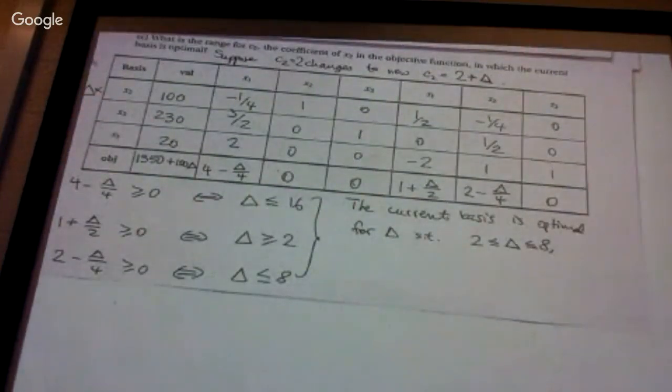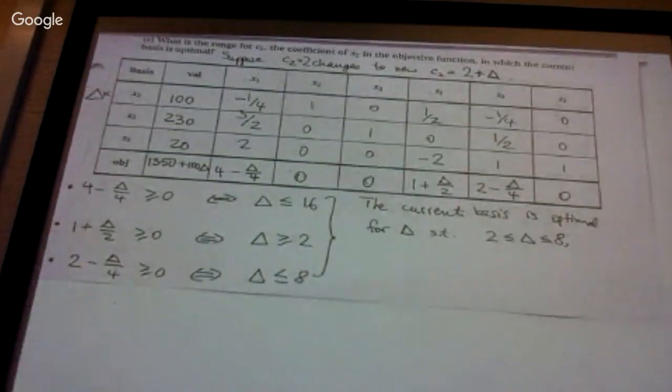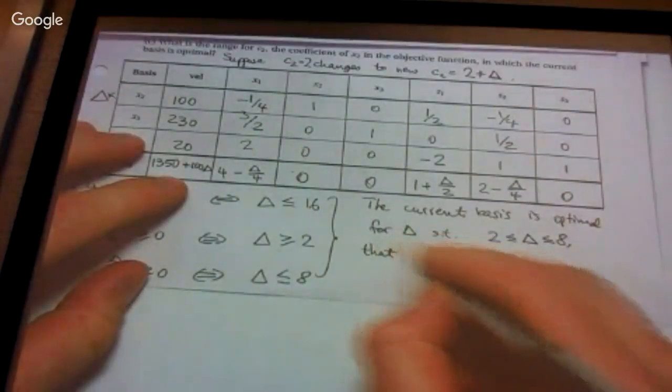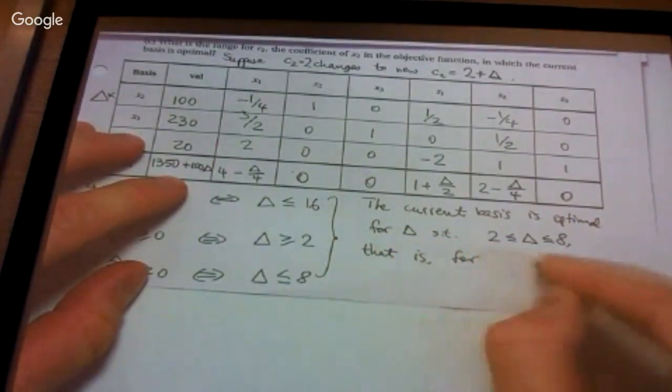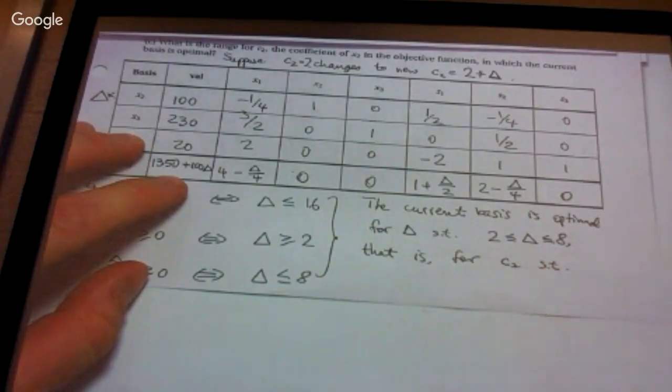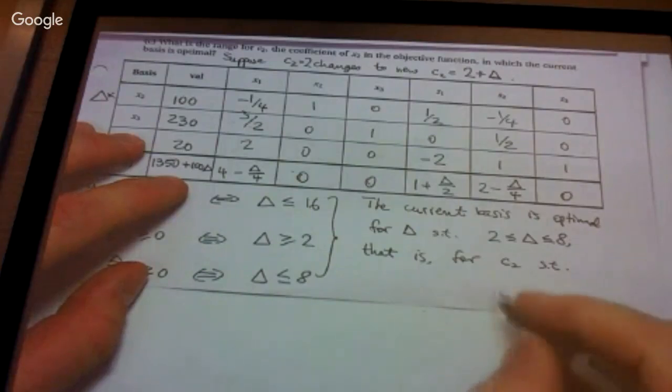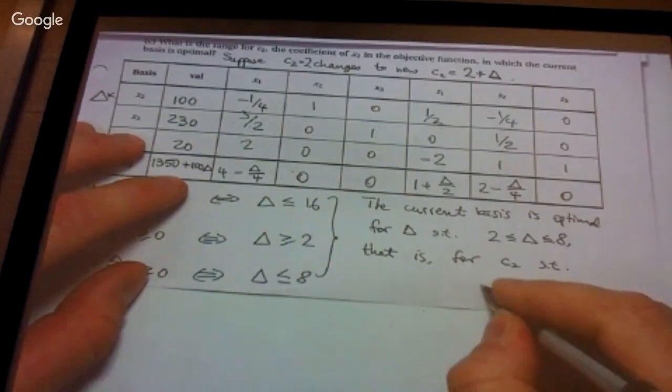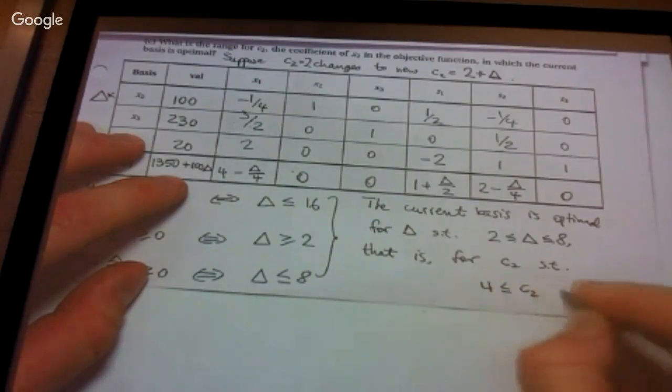Right? The 16 also, less than or equal to 16, but when it's less than or equal to 8, it's already satisfied. So if you wanted to know what that means for the original C2, well, C2 is 2 plus delta, so C2 will have to be between 4 and 10.